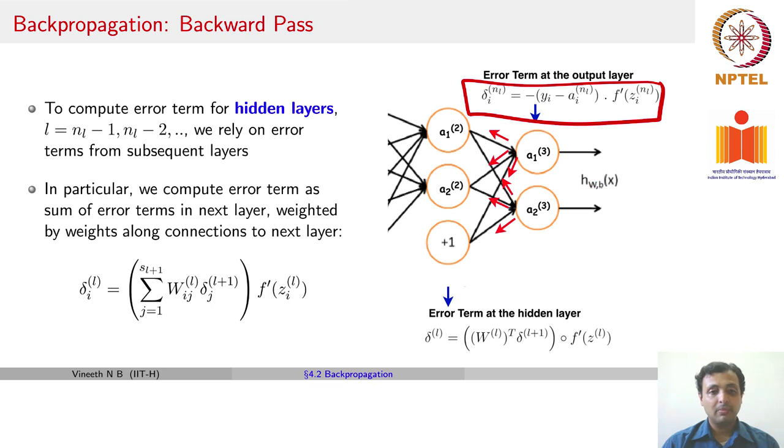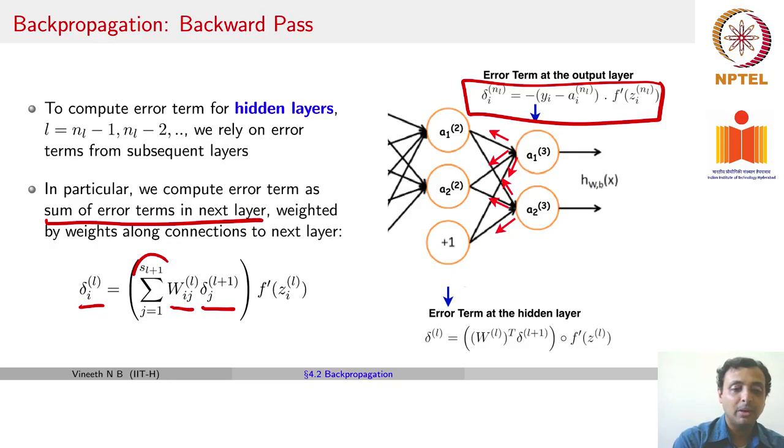Now the error term at the hidden layer is given by the sum of the error terms in the next layer, which means delta_i in the lth layer is going to be given by delta_j in the (l+1)th layer multiplied by w_ij's in that layer that go from the lth to the (l+1)th layer. Sum them up over all the neurons, where S_(l+1) denotes the number of neurons in the (l+1)th layer.